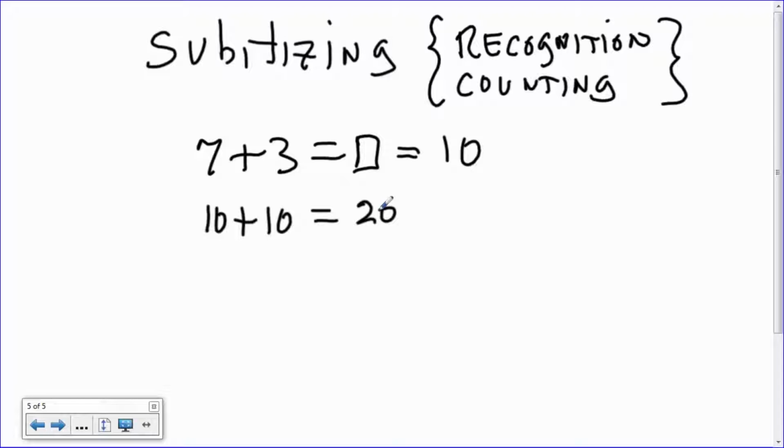Subitizing is also going to lead to other pairs that are not combination pairs, like 9 plus 3. And after they see the relationship between 9 and 3, they know immediately that's a 12, because they understand the relationship of 9 to another number, and that is that I could take 1 from the 3, make it a 10, and so it's really 10 plus 2.